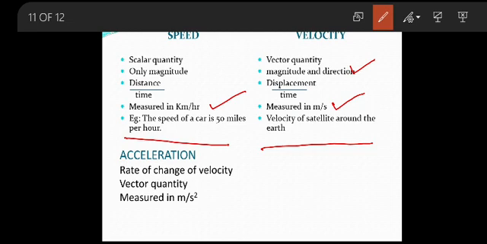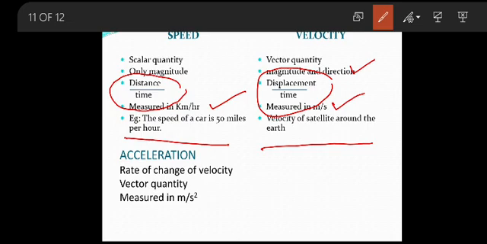Next comes the formula to calculate speed: distance by time. When I mean distance, it is the longest path for that particular journey. Displacement by time is the formula to calculate velocity. Displacement, in the sense of the shortest route, the shortest distance only will be considered for your velocity.